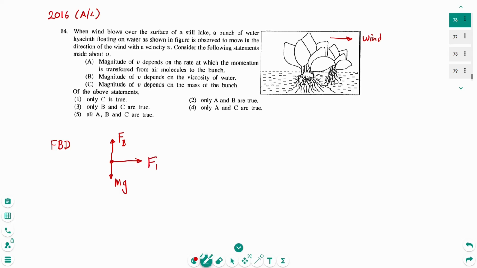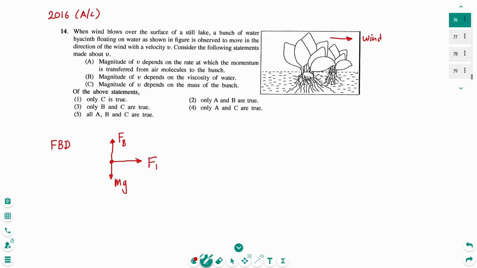Since there's a force, the bunch is going to accelerate along the direction of the wind, and there'll be a velocity for the bunch along the direction of the wind. Because of that velocity and it's floating in water, there's going to be a drag force, a viscous force acting in the opposite direction.